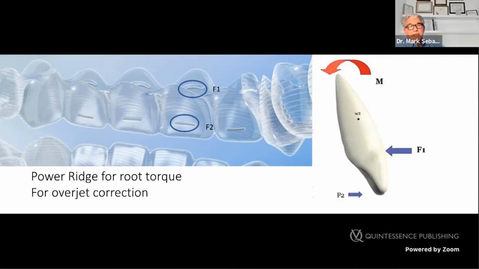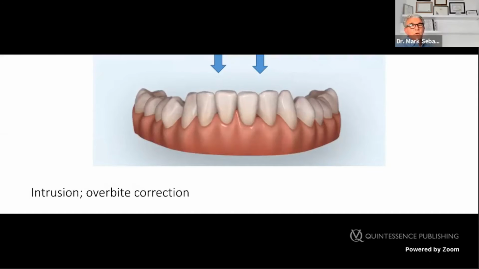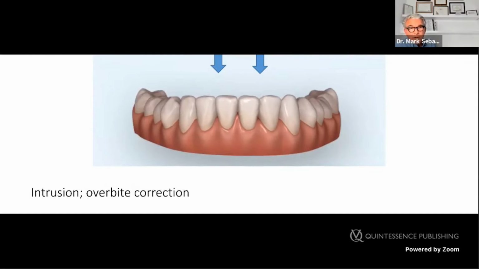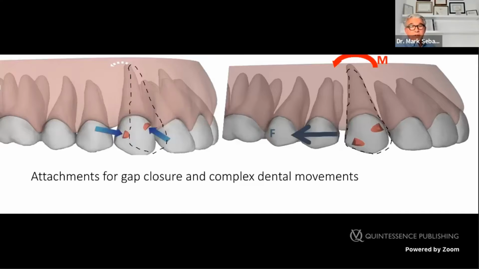We can intrude the teeth with aligner systems to get back a flat occlusion. And we can also make a single tooth movement. We can make a distalization. We can push the tooth into the right position with the whole body.